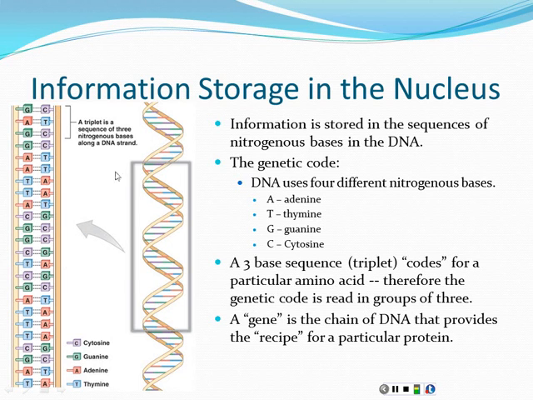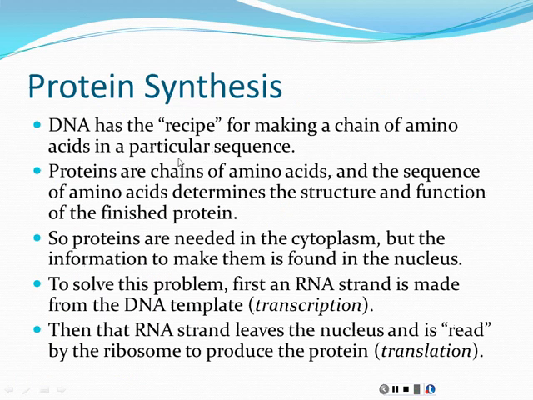All right. So, we've got sort of a logistics problem here because the recipe for the protein is in the nucleus, but the protein machine and manufacturing system is out there in the cytosol. So we need a way to get that information from the nucleus out into the cytosol. So that is where RNA comes in.